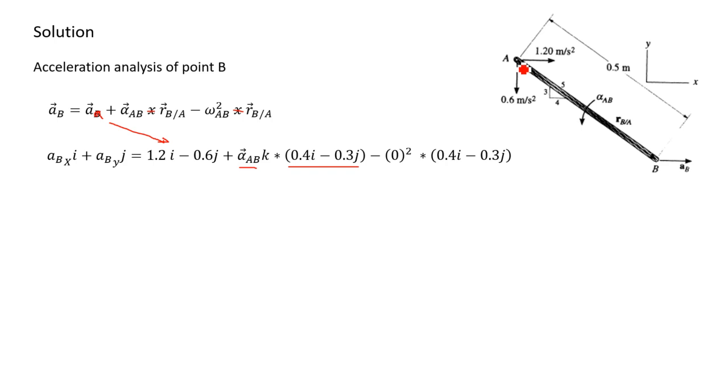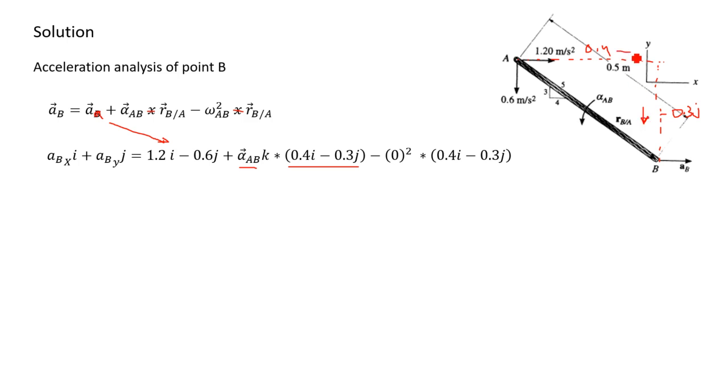Now, to go from the A to B, I need to go to a positive value for the X, and this will be equal to 0.4 for that distance. And then I have to go to 0.3 meters downward to the J. So it's going to be equal to negative because it's going to go downward.